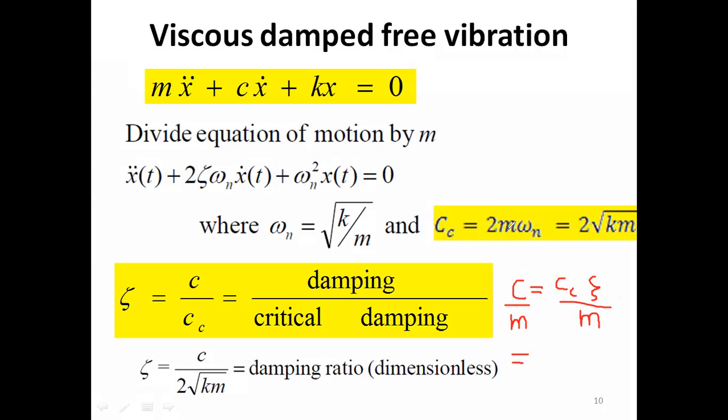And if I put for Cc as 2m omega n, we have this zeta divided by m. So this m would cancel out this m. So C by m would be equal to 2 omega n times zeta.